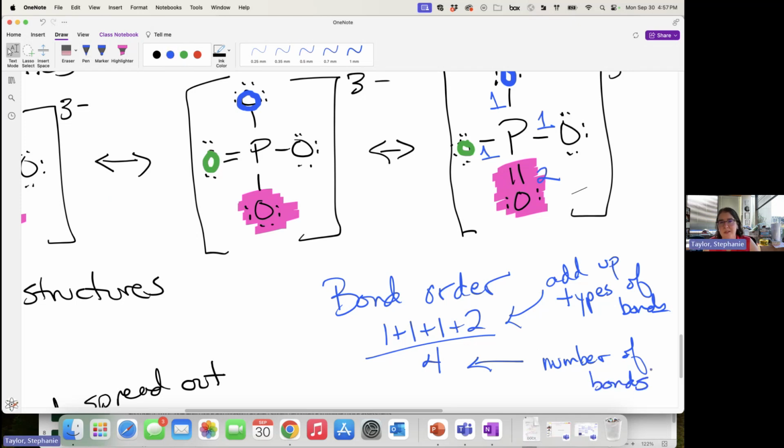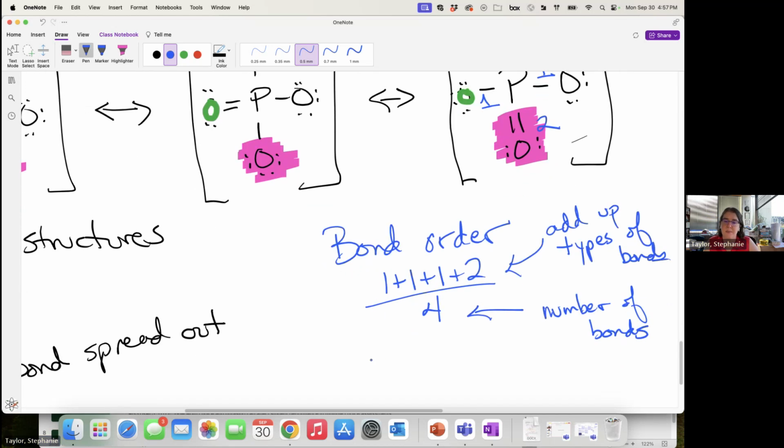The reason why I struggle with this is because bond order in your textbook is linked to molecular orbital theory, which is very cool, by the way. I like molecular orbital theory. But that's not how we're going to use it. We're going to use it to demonstrate the fact that really the bond order here should be 5/4 or 1 1/4 or 1.25.